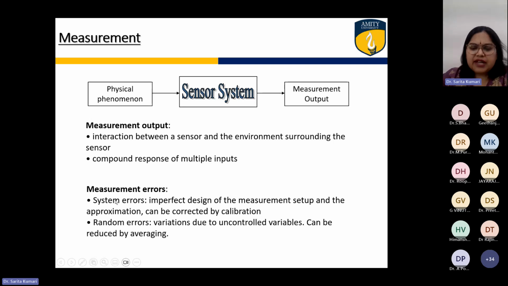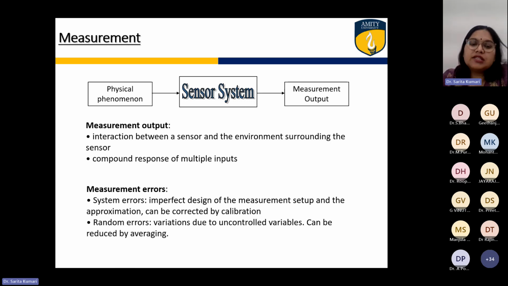There are different types of measurement errors also, maybe system error or random error. System error is basically inherent with the system, and it can be due to the design or its construction, etc. Then there is random error. These are uncontrolled errors. We have no control over random error, and sometimes its reason is unknown, like why a certain error is coming into the system.